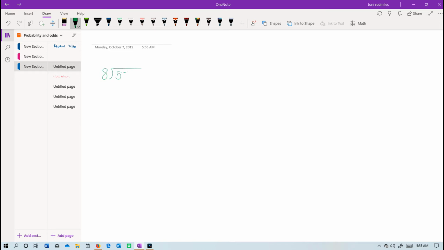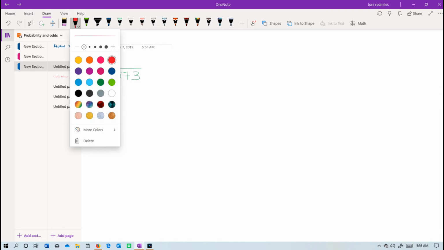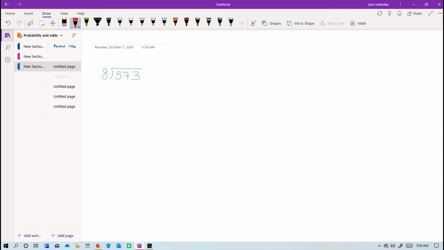Whenever you divide a number, like this 8 into this 573, I don't want to look at the whole 573. That would be overwhelming. How many times did that go in it? I want to go by each place value. So first I'm going to look at the hundreds place of the 573. The hundreds place is right here.